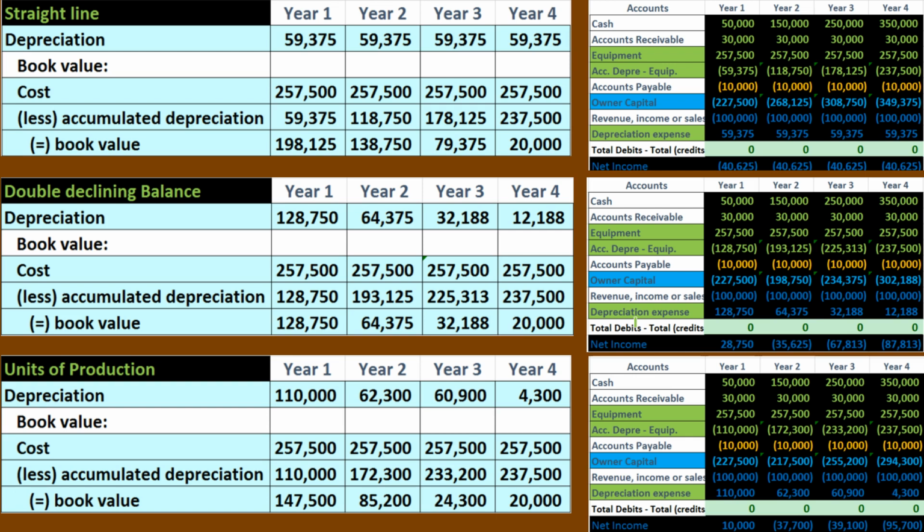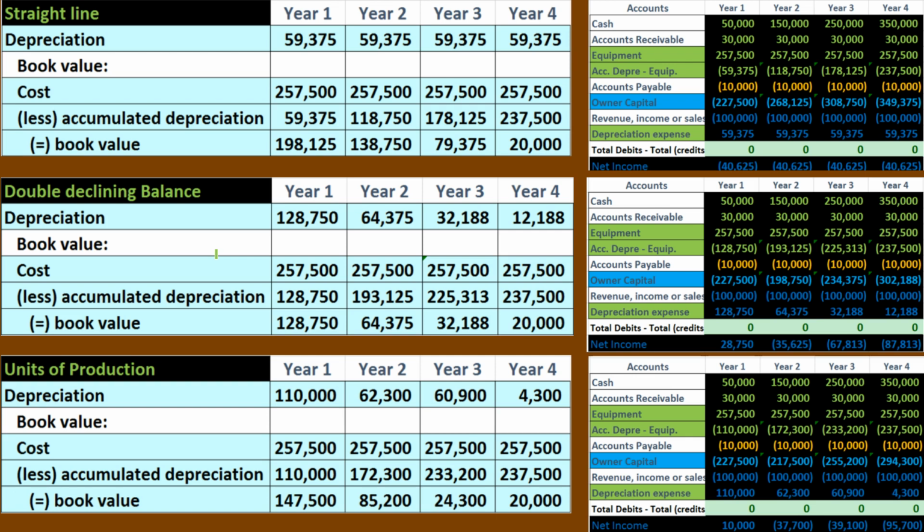So also want to point out that we could, for accounting purposes, use different methods rather than double declining. We could use 150 declining or any type of accelerated method in the front years as well. So double declining is the most common.